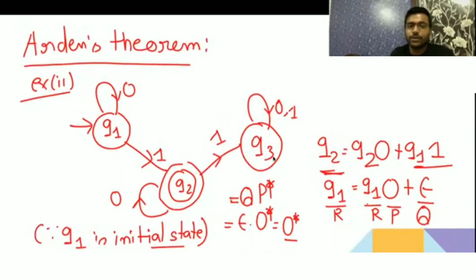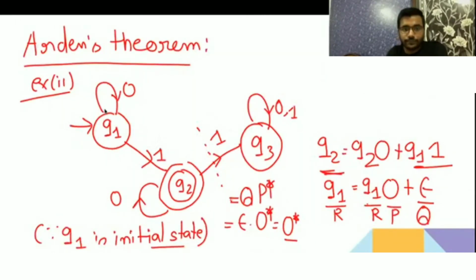Here we don't require the Q3 equation because it is a dead state. After the final state, if by getting 1 I reach Q3, it is a dead state, so we don't require the equation of Q3. You find the equation of the final state, and for that, whatever equation you require, just find the regular expression for that.